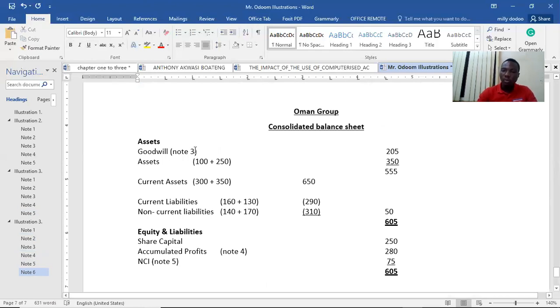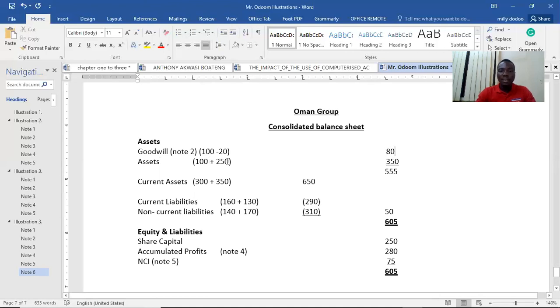Now, goodwill can be seen in note 2. But take note, the goodwill was 100 and has suffered impairment of 20. So goodwill is now 80.